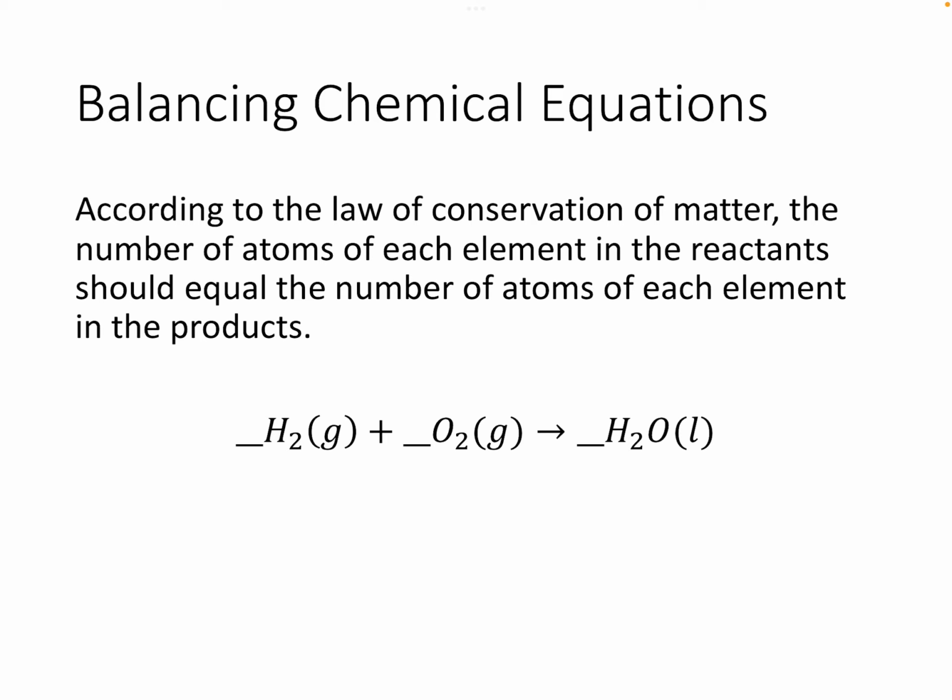I put little underline symbols here, here, and here because what we're going to do is add numbers in front of each reactant and product to balance the atoms. So essentially, we're going to multiply each reactant and product by a number so that we have the same atoms on the left and the right.